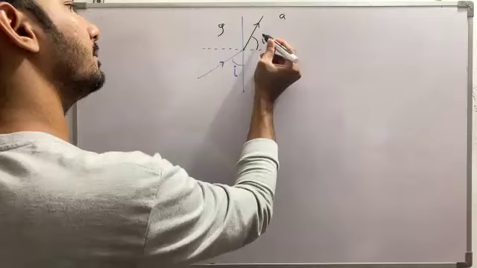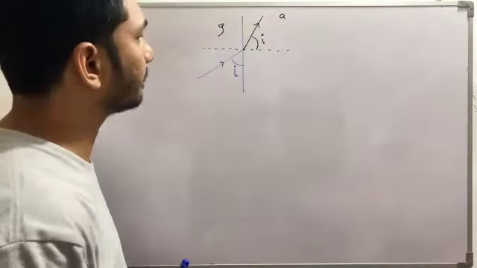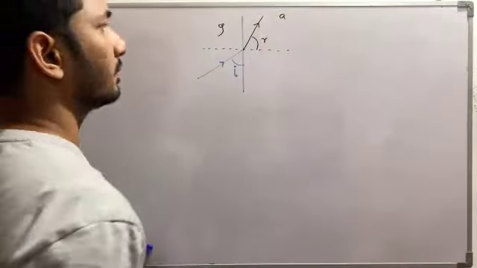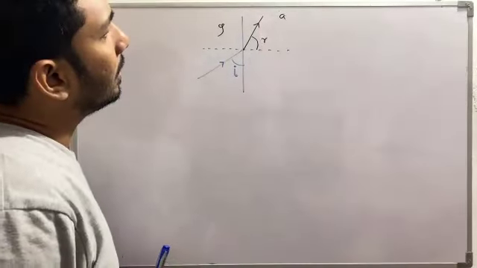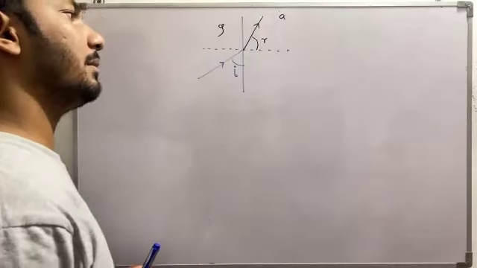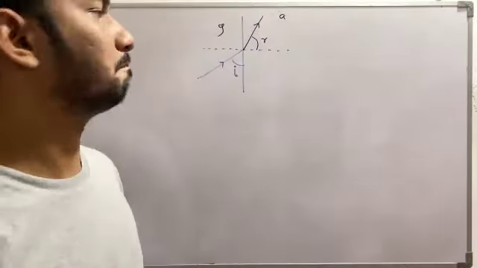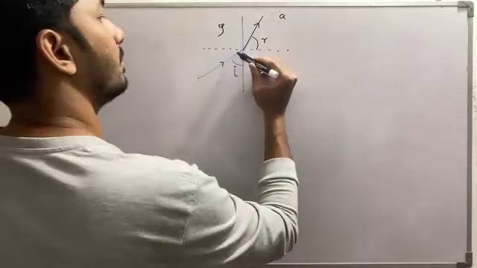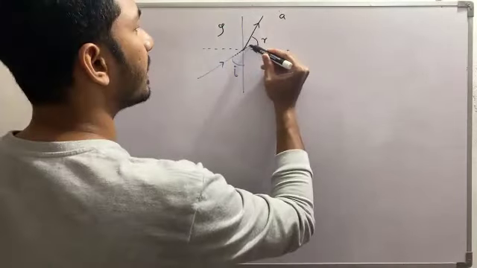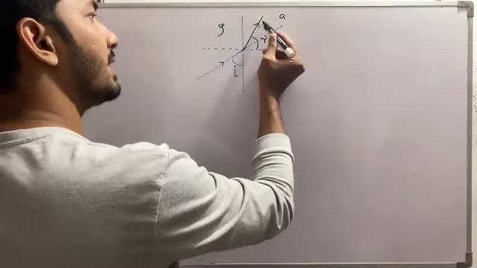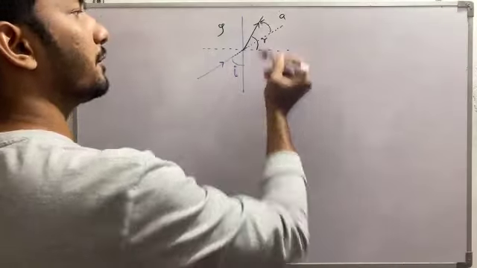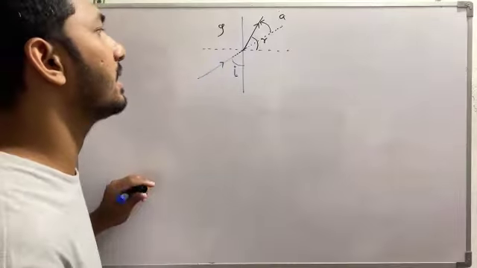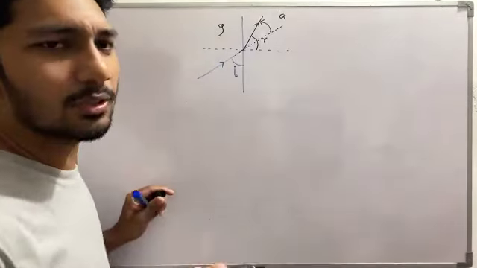This is the angle of refraction, sorry, R. So what is actually meant by the deviation angle is the angle that the incident ray makes with the refracted ray. That is the deviation. Do you understand? So for that, the incident should be given correctly.